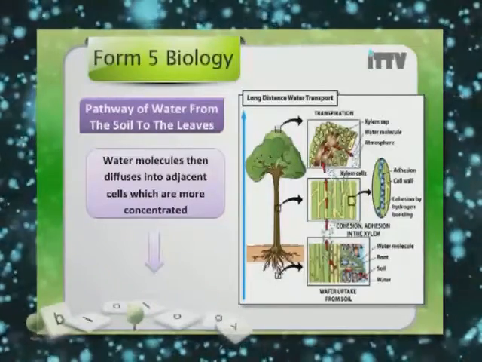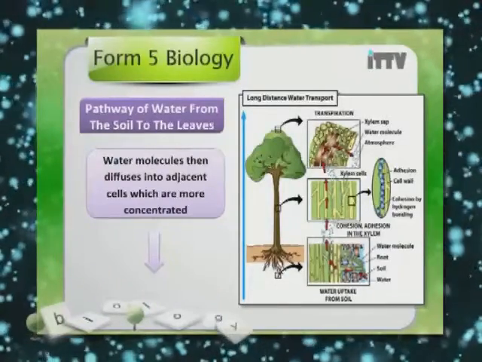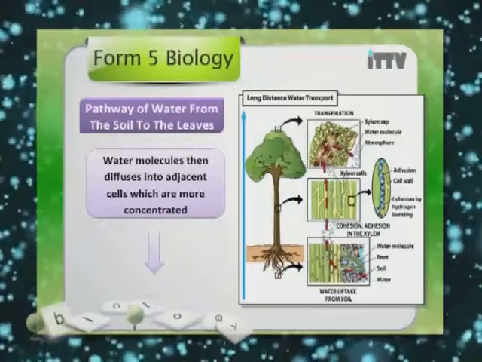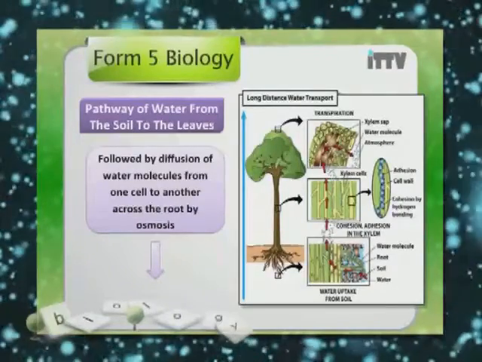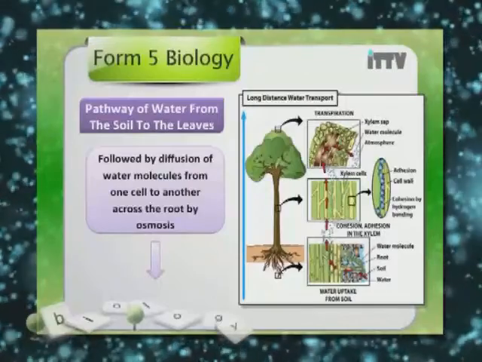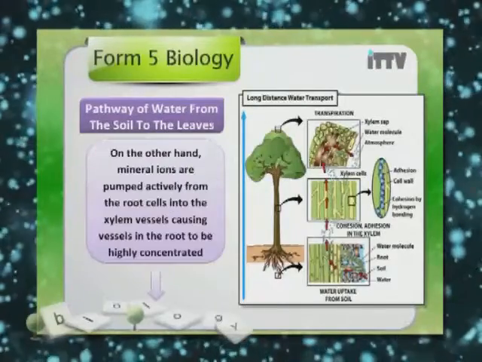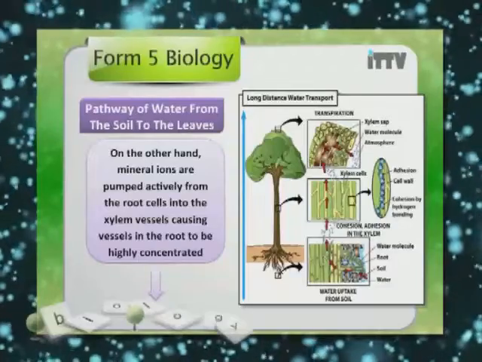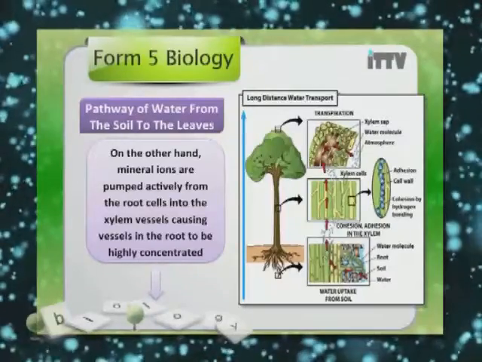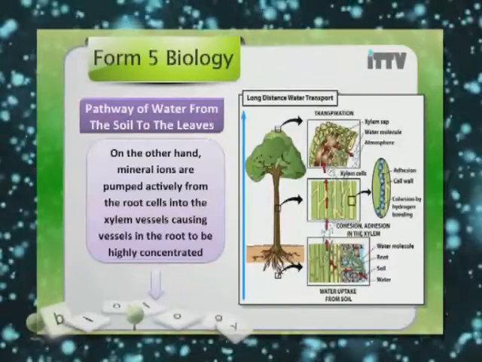Water molecules then diffuse into adjacent cells which are more concentrated, followed by diffusion of water molecules from one cell to another across the root by osmosis. On the other hand, mineral ions are pumped actively from root cells into xylem vessels, causing vessels in the root to be highly concentrated.